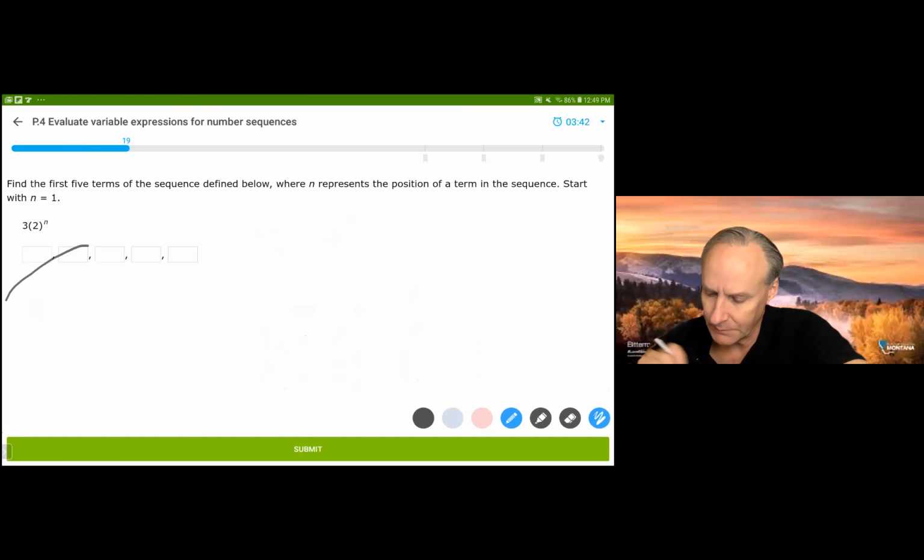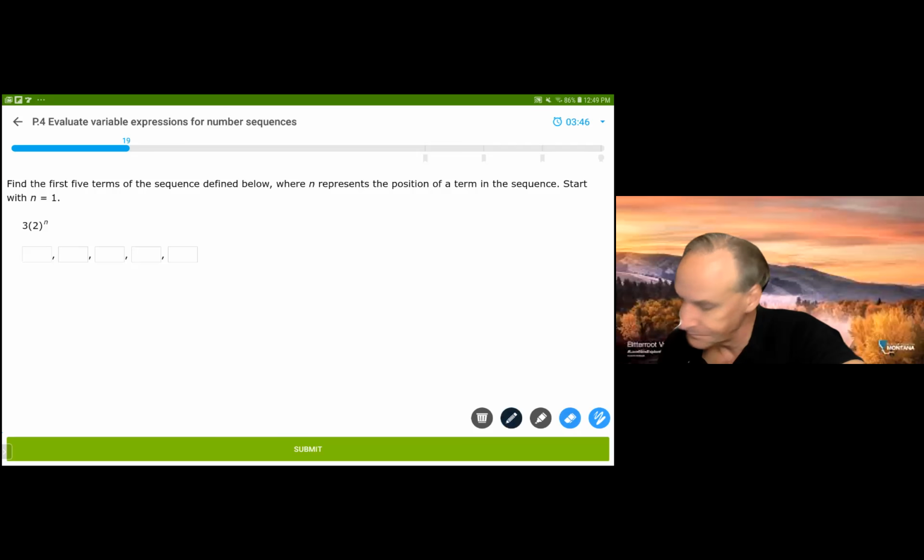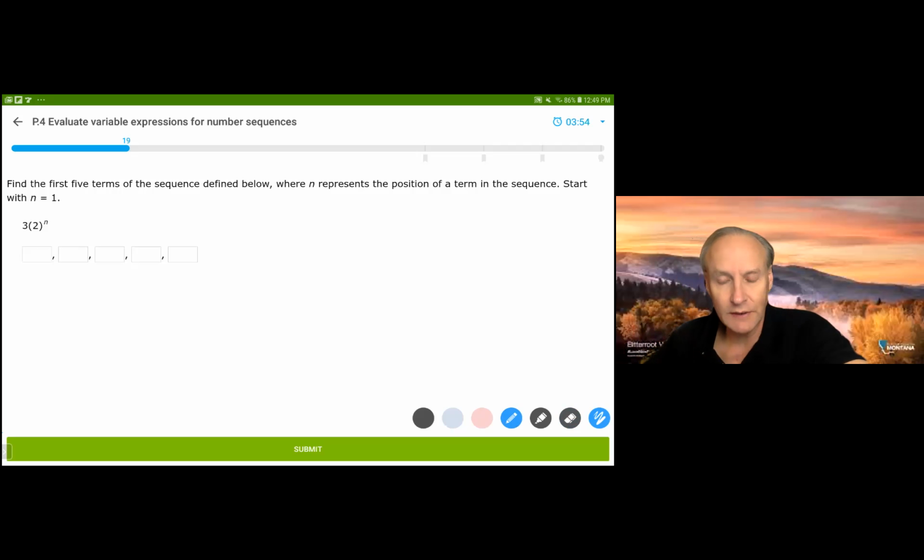Now my first term here is going to be 3 times 2 to the first, which is just 6. And then I'm going to multiply by 2 every time. Notice this is not the same. I just want to mention this. 3 times 2 to the n is not the same as 6 to the n.